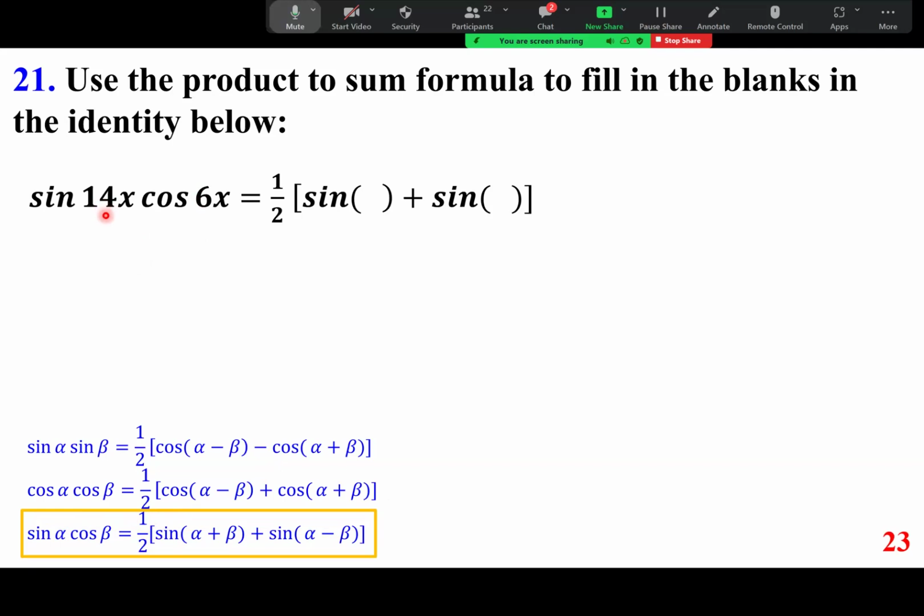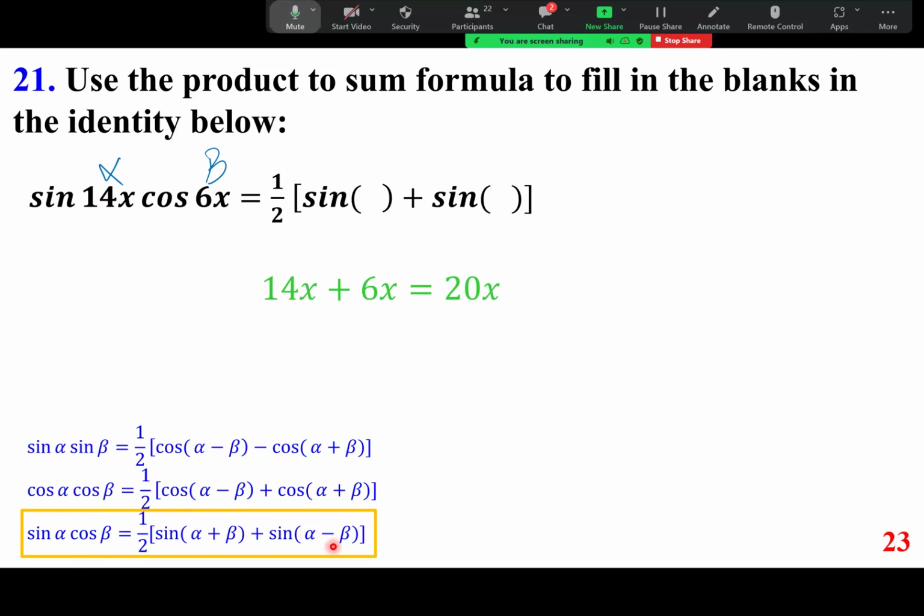Sine alpha, this is alpha, cosine beta. That means 1/2 sine of alpha plus beta, add them up.